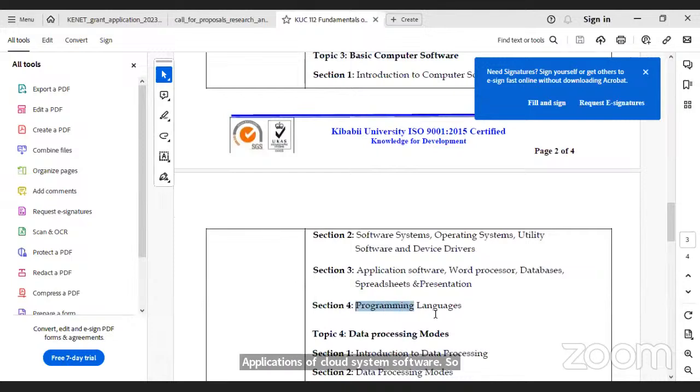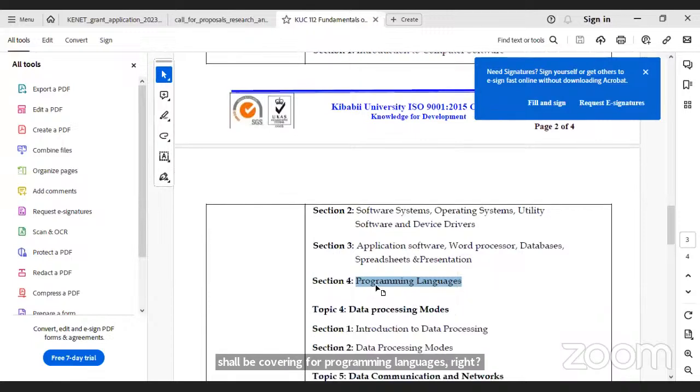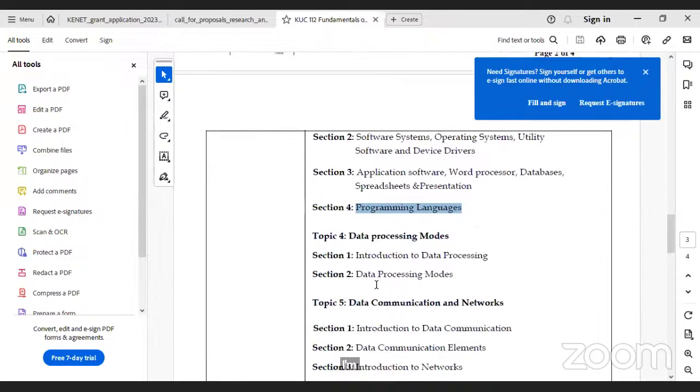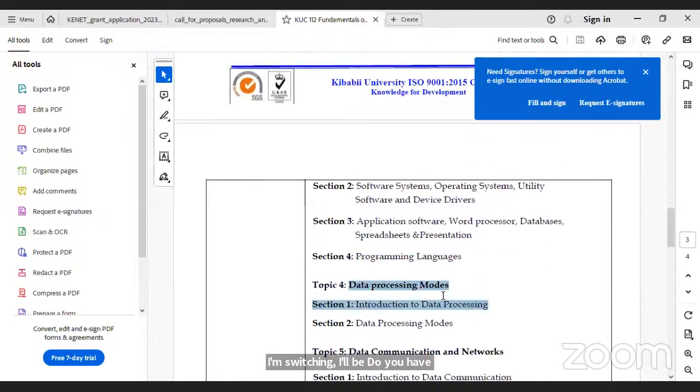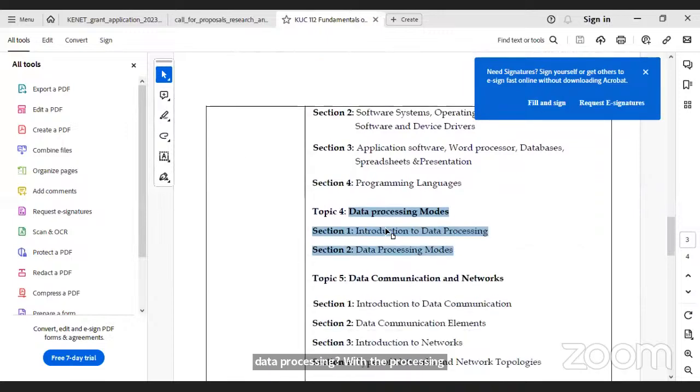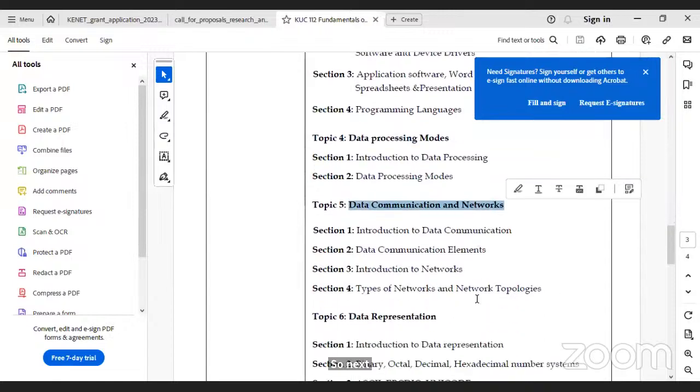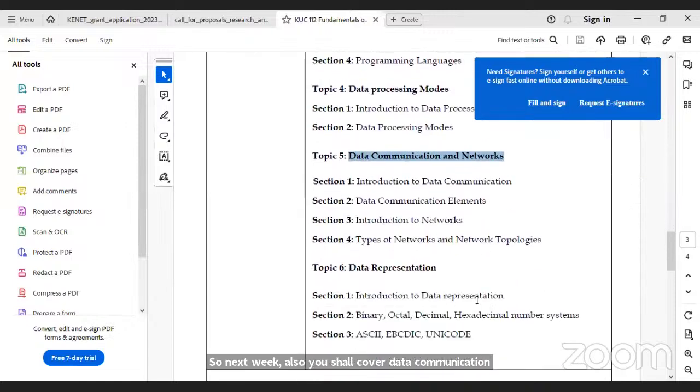So next week we shall be covering programming languages, right? Today we have covered processing, data processing modes. So next week also we shall cover data communication and networks. That is topic 5.